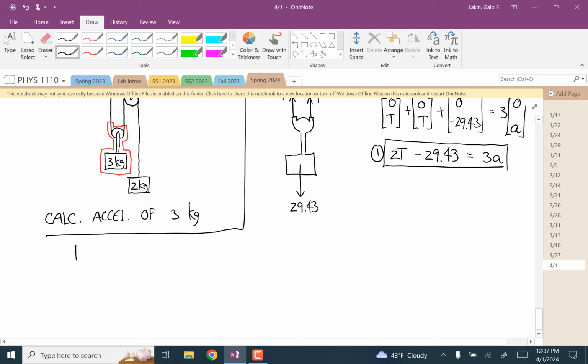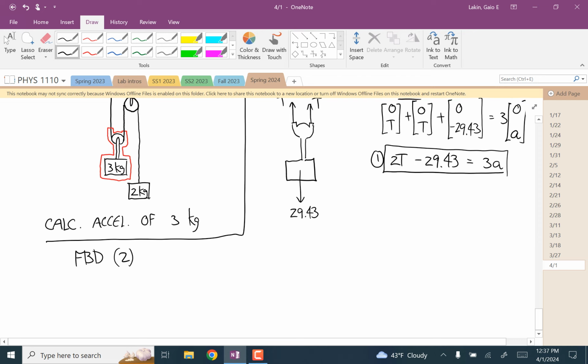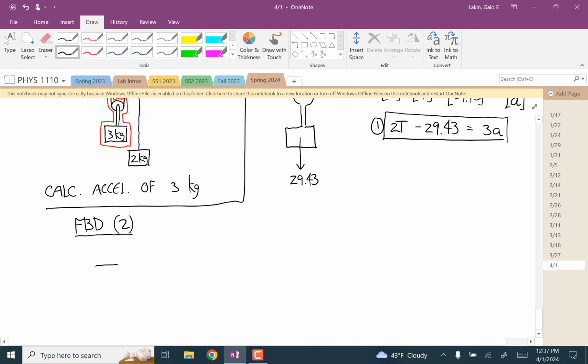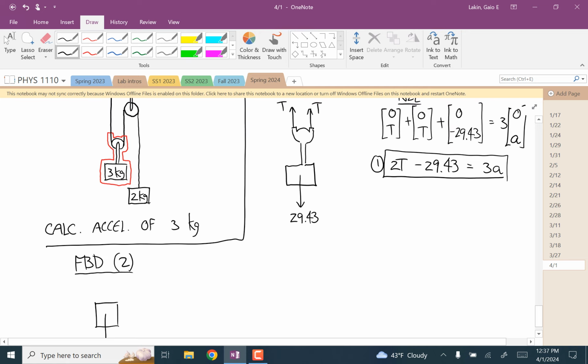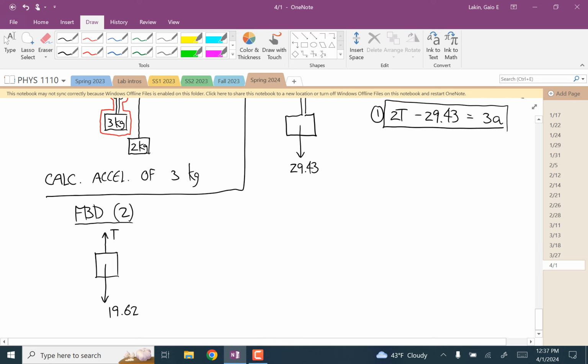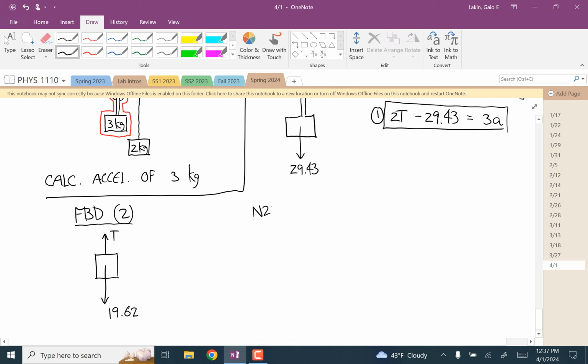And now I'll go to the 2 kilogram. There's a weight down of 19.62 and a cable pulling force up, and it's the same cable as before, so this is still T. And Newton's second law says 0T plus 0 negative 19.62 is equal to 2 times the acceleration vector.